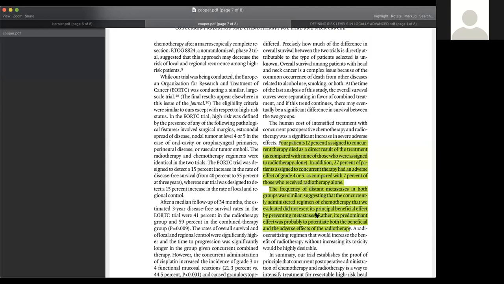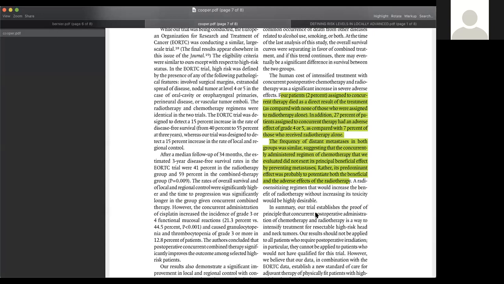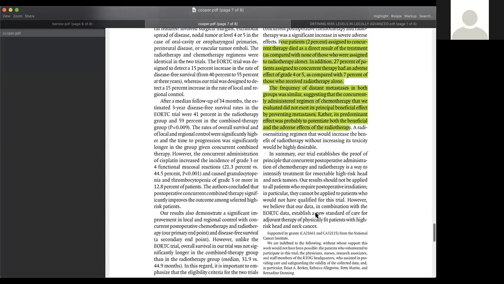And again, they could not find a benefit for distant metastasis improvement with their chemotherapy regimen. So they concluded by saying that they should give concurrent chemoradiotherapy, but it should not be applied to all patients who need post-op radiation.